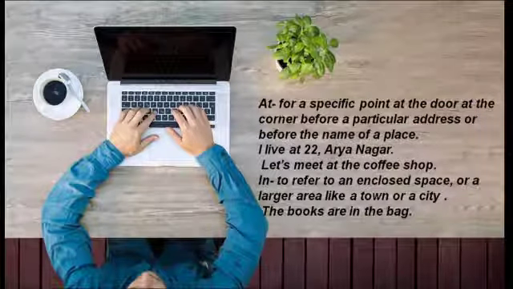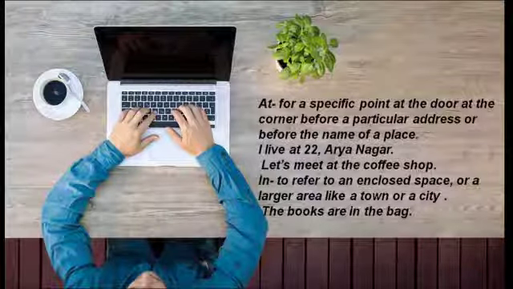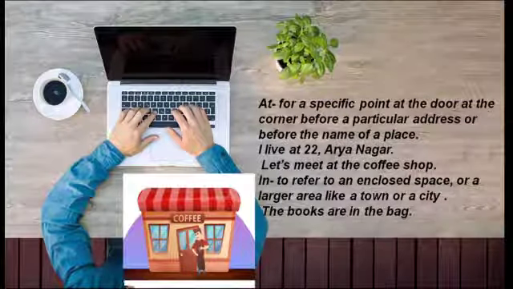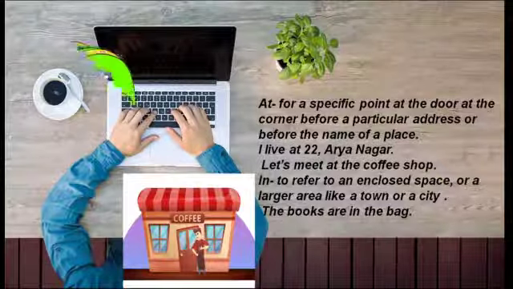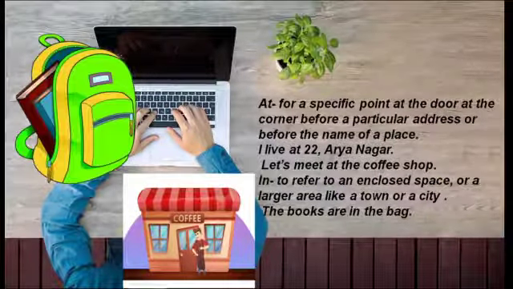At, dear friends, at we will use for a specific point of time or particular places. Like I live at 22 Aryan Nagar. Let's meet at the coffee shop. So for these kinds of places we have to use at. In we will use whenever we are talking about areas in enclosed spaces.